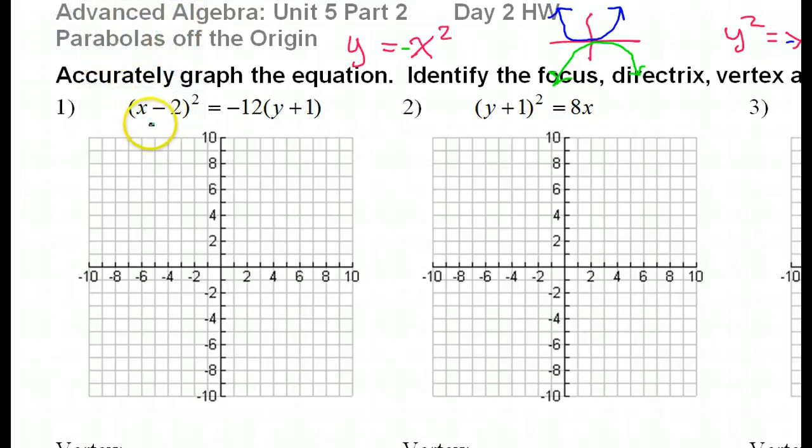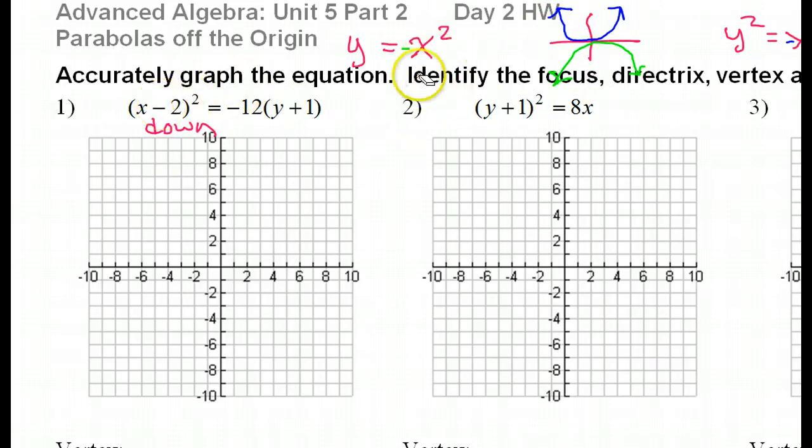This one is going to be down, and the reason is that, just ignoring the -2 for a second, what I have here is x squared. So that's normal x squared, and I knew it would either be up or down. Because of this -12, that means it's going to be down.